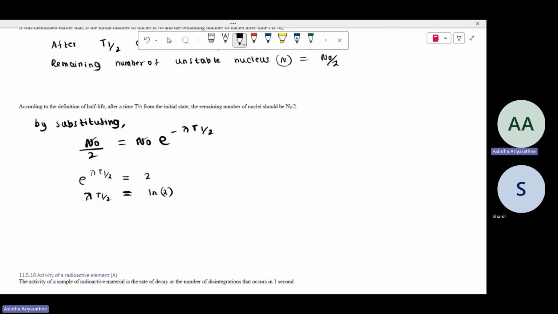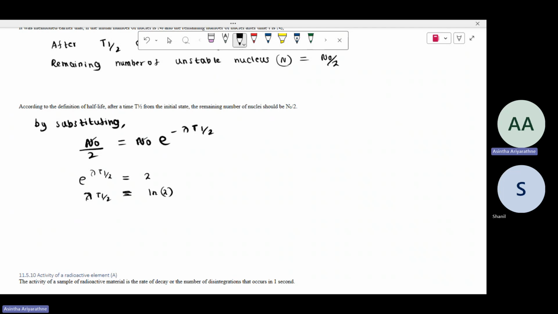This ln 2 is a constant, at around 0.693. Right? So it is a constant.